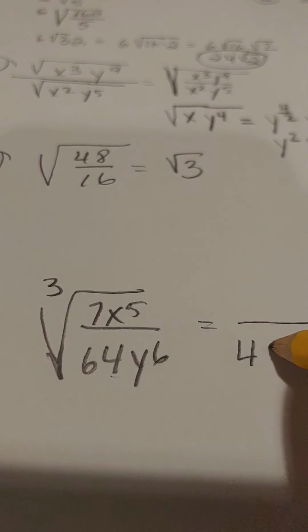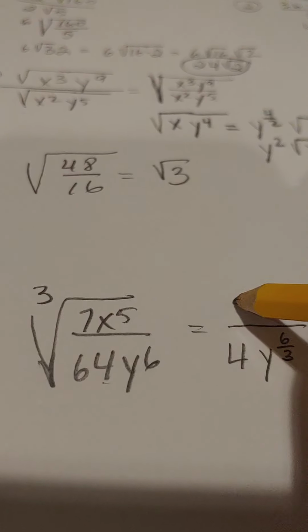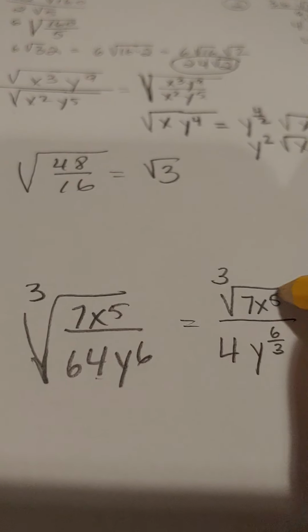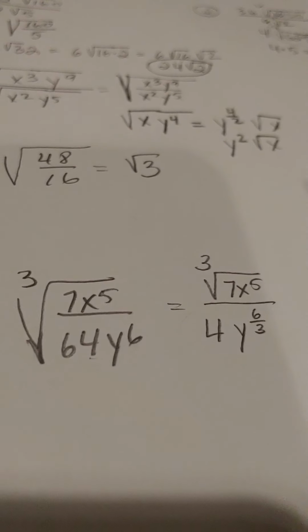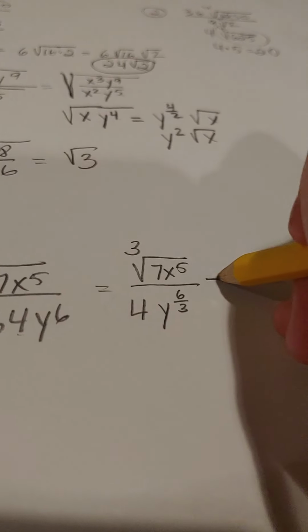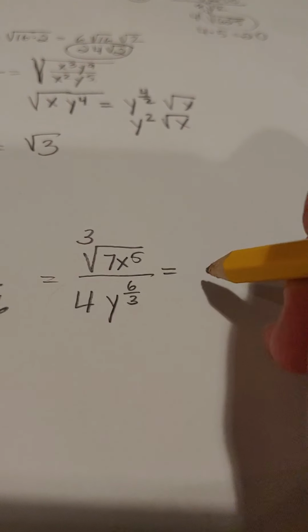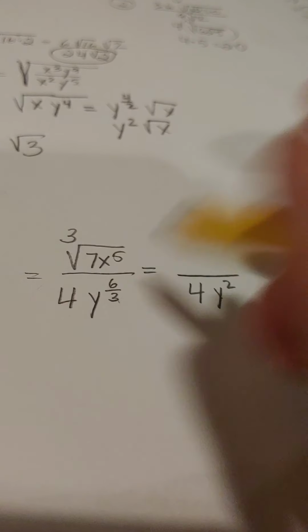Cube root of y to the 6th power is 6 over 3. And the cube root is just left on the top because we already took the cube root of the expression on the bottom. So on the bottom we have 4y squared because 6 over 3 is 2.